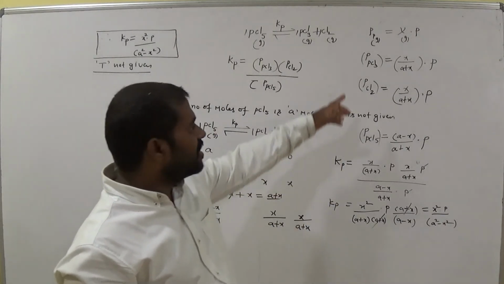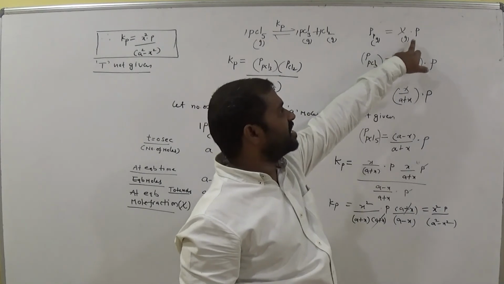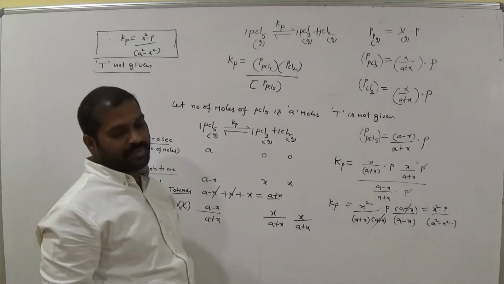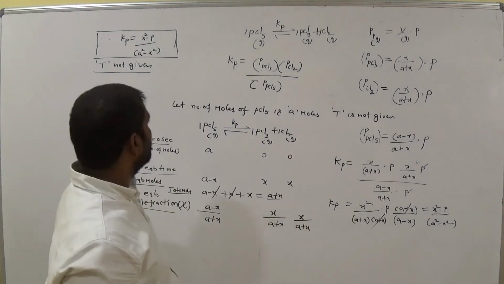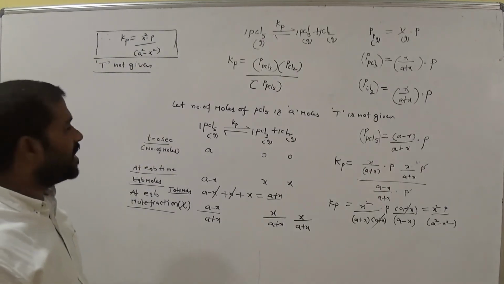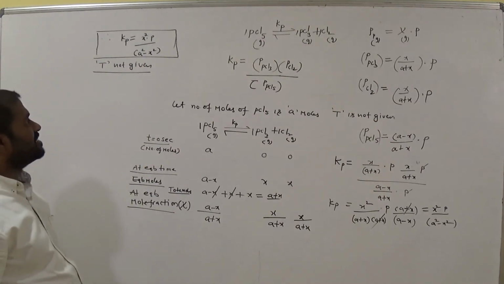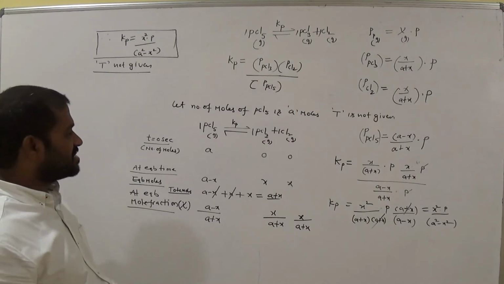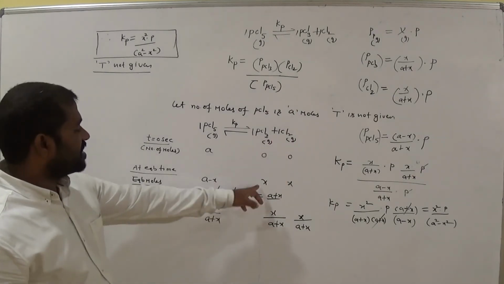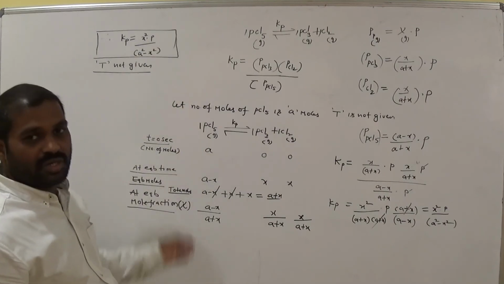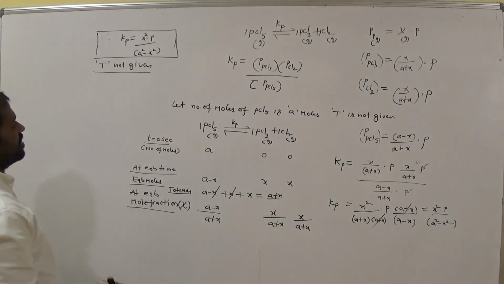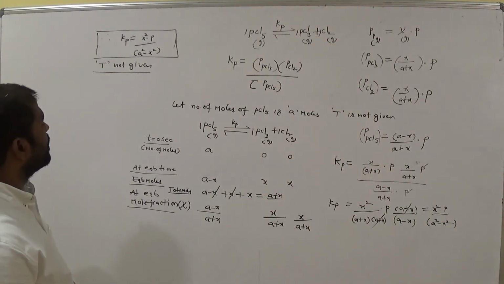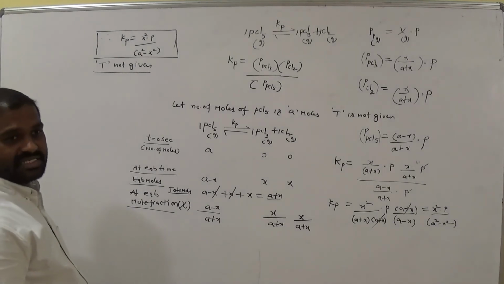The partial pressure of a gas equals its mole fraction into the total pressure of the mixture. Finally, we get Kp equals x square into P by A square minus x square, where A means the initial concentration of the reactants, x means the concentration of the products, P means the total pressure of the mixture, and Kp is the equilibrium constant in terms of partial pressures. Is it clear, all of you?